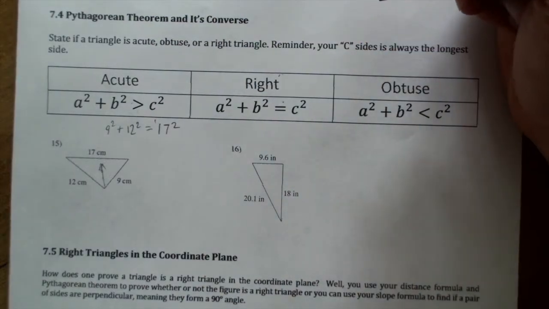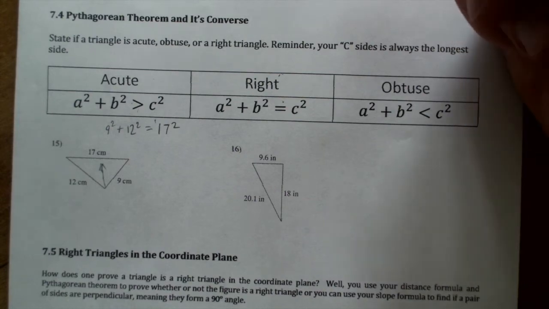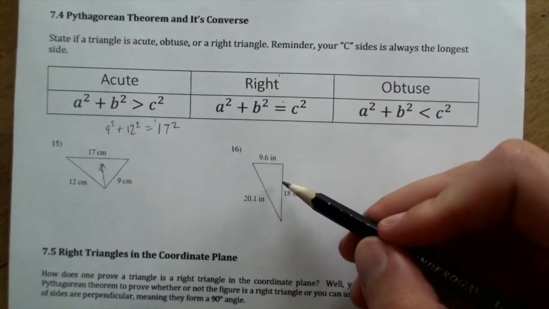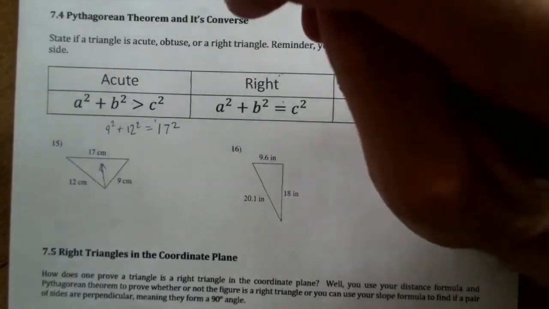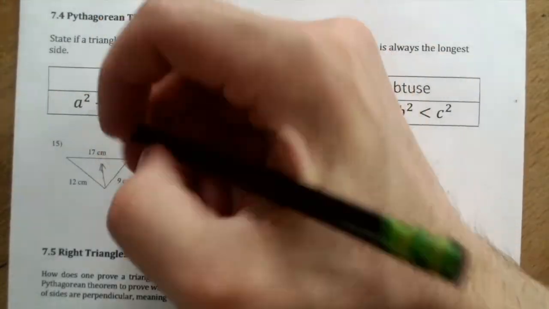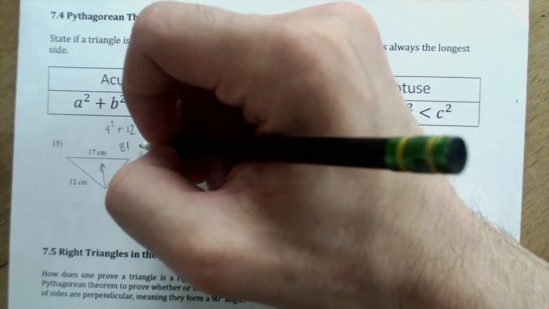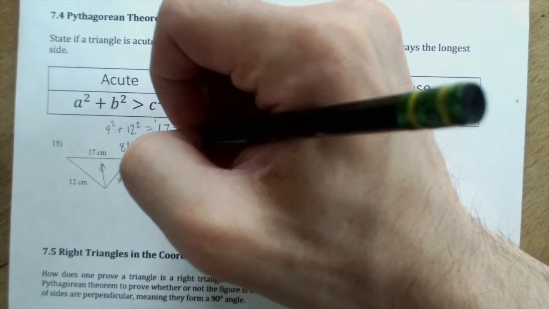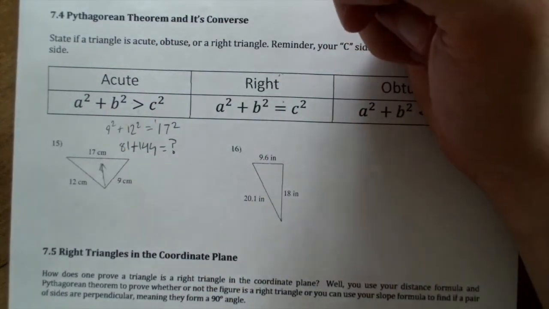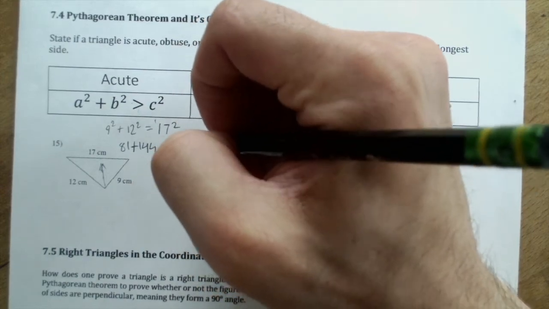C being the side opposite the largest angle, or the side with the largest length. So in question number 16, 20.1 would be our C squared because it's the longest side. But 9 squared is 81, 12 squared is 144, and our question here is whether or not it's equal, greater than, or less than 289.